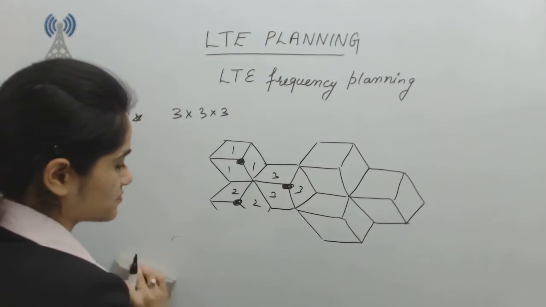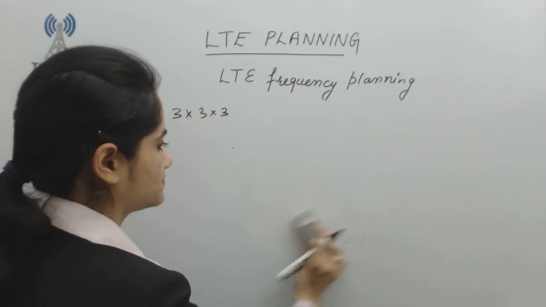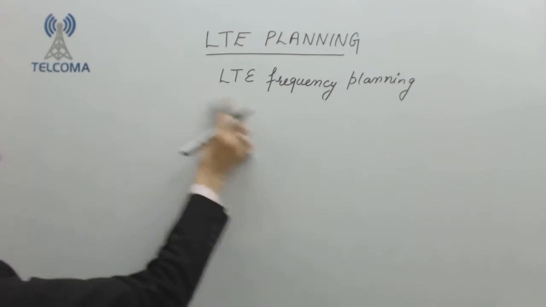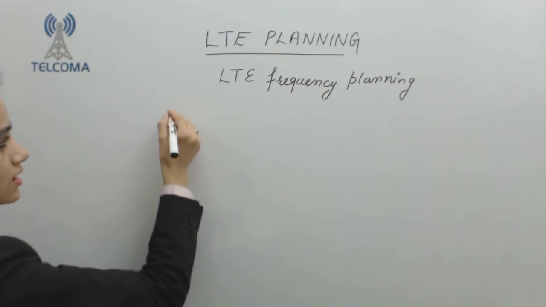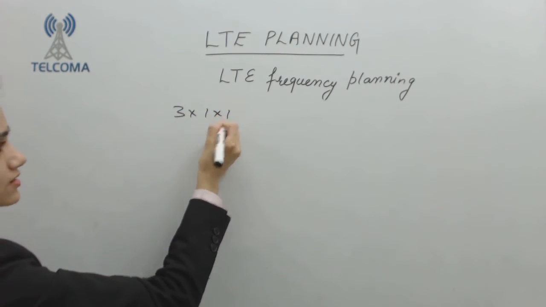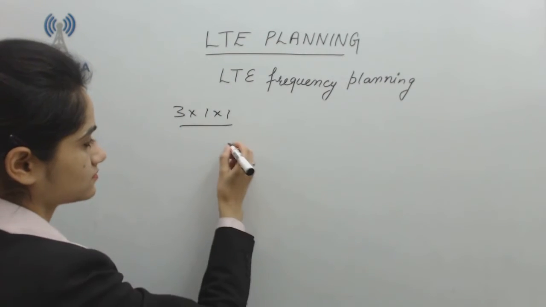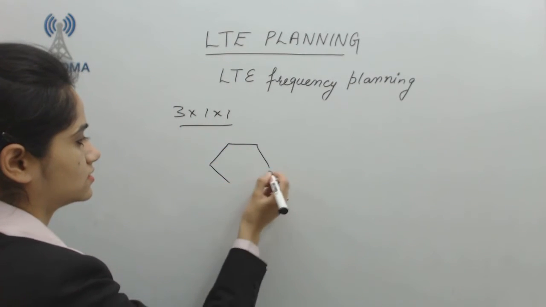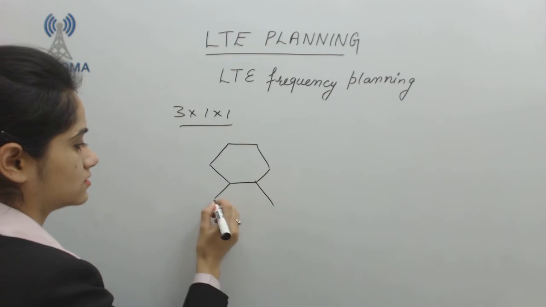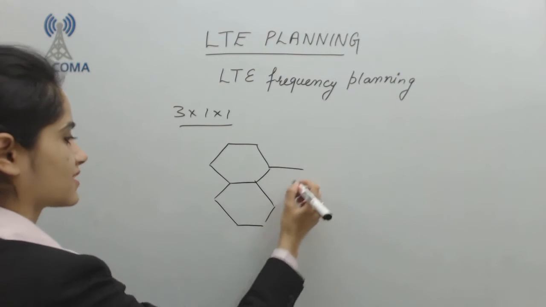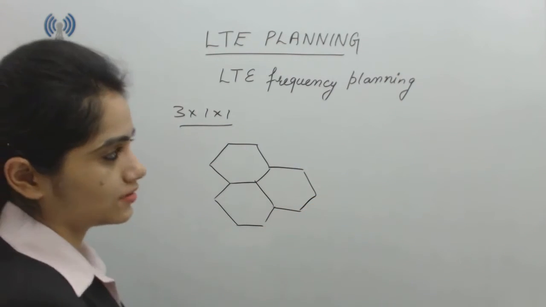Next, or the last mode of frequency reuse, 3 cross 1 cross 1. Now 3 eNodeBs, 1 cell. No requirement of dividing it into sectors.